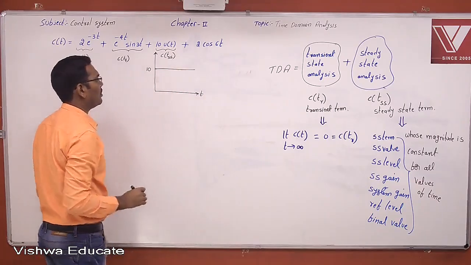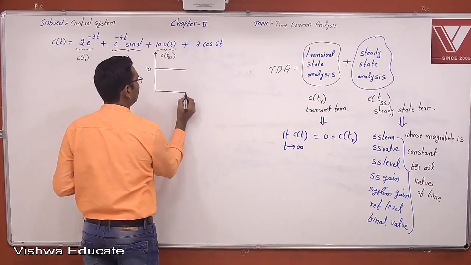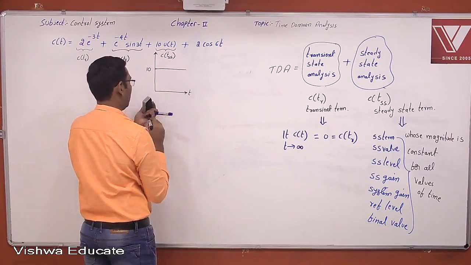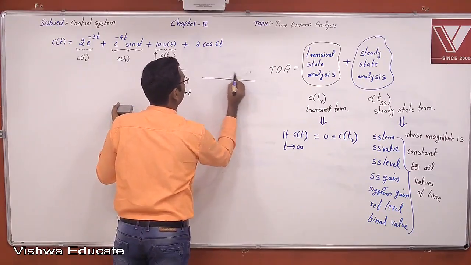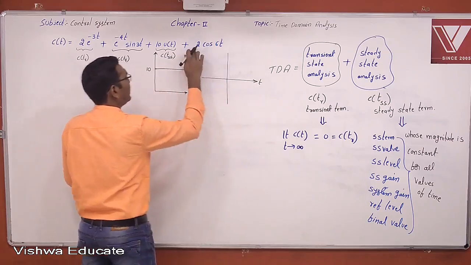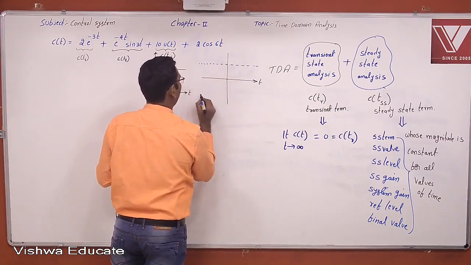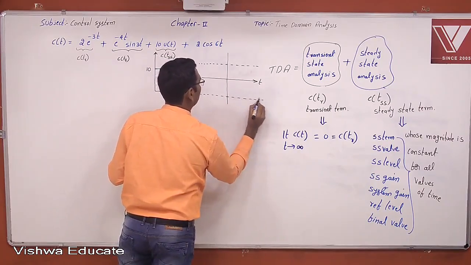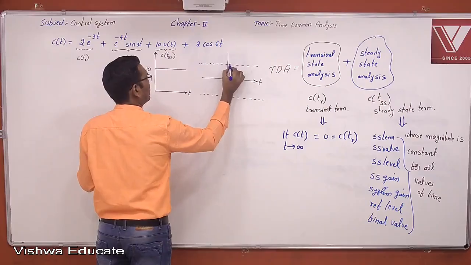And similarly, this one also, you know the behavior of the sine and cos. Now the response is maintained. With respect to time, you should draw the response. What is the peak amplitude? The peak amplitude is plus 2.